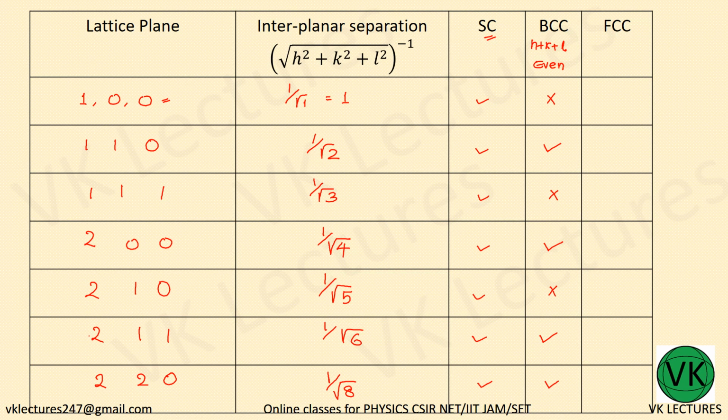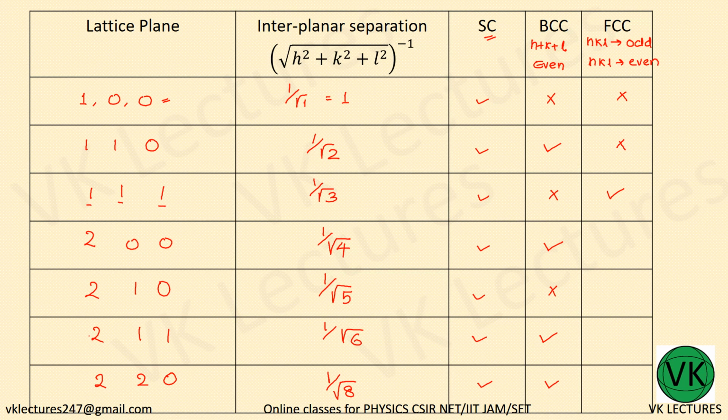Now coming to the FCC structure, the h, k, l values must be either all odd or all even. Coming to the first one, 1 0 0, the first is odd, second is even, third is even, so it is not Bragg reflected. Again 1 1 0 is odd, odd and even, so it is not Bragg reflected. 1 1 1 is odd, odd and odd, so it is a Bragg reflected plane because all values are odd.